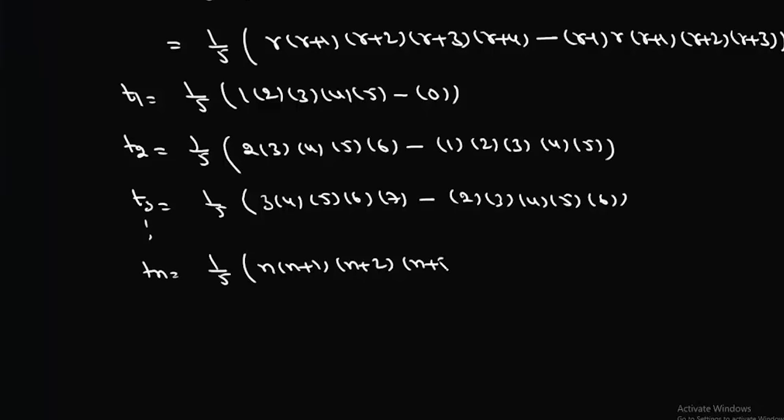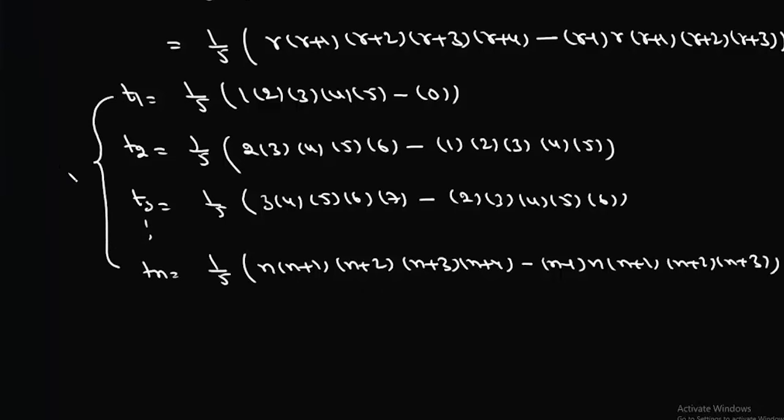Now Sn is the sum of these first n terms, so we'll add them. We can write this Sn as t1 plus t2 plus t3 up to tn. Now here these terms will cancel.